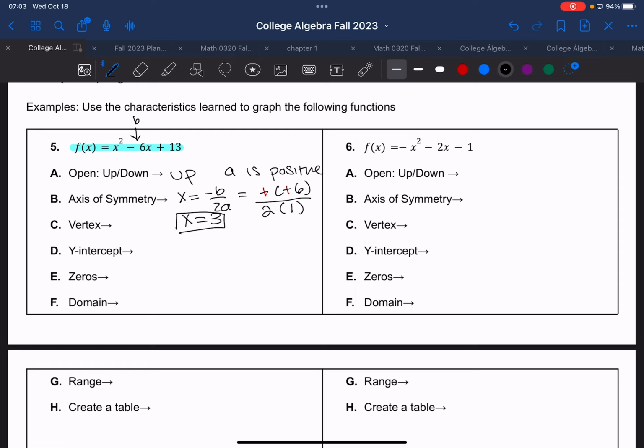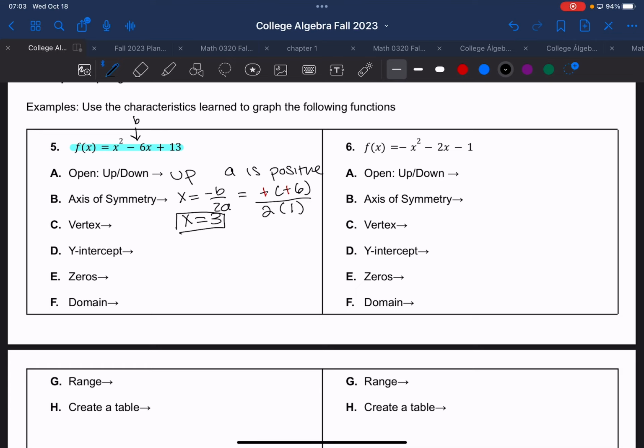So if we don't see a graph, we're going to go to our formulas. What was the formula for the vertex? It's the axis of symmetry, comma, f of negative b over 2a. Good. So what that is saying is we're going to take the axis of symmetry and plug it back into our function.